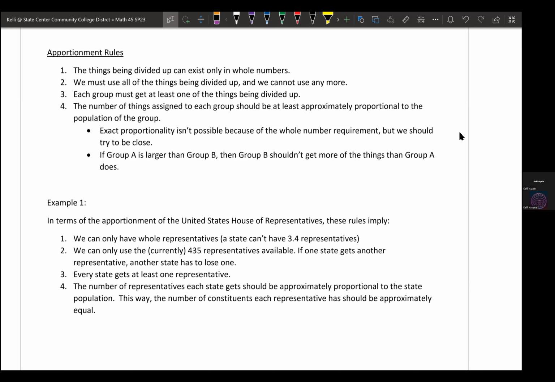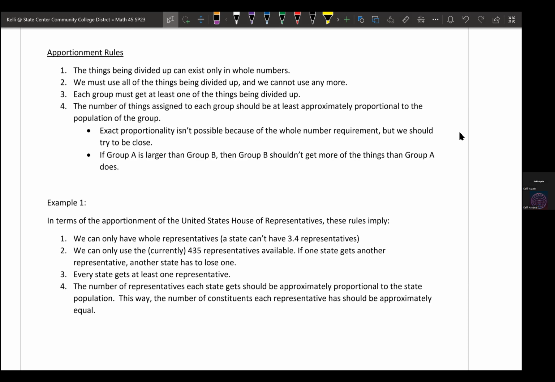And then the number of things assigned to each group should be at least approximately proportional. So if the group is bigger, then they get more representatives. I guess that kind of makes sense, depending on maybe what your focus is. Oftentimes, exact proportionality isn't possible, because then you maybe wouldn't be able to do whole numbers.